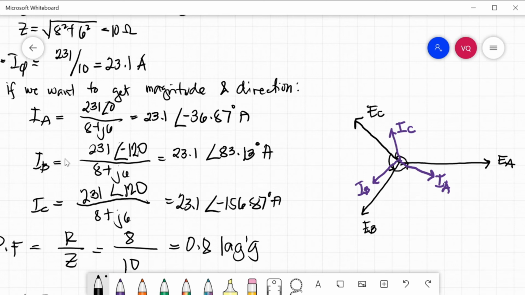For IB, 231 angle negative 120 divided by the impedance, 8 + j6.